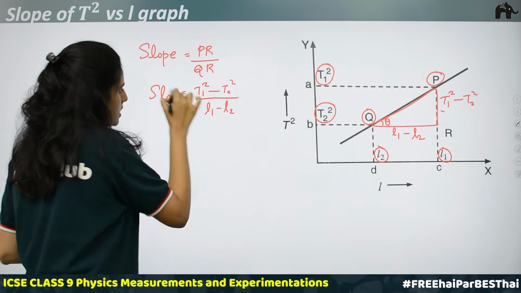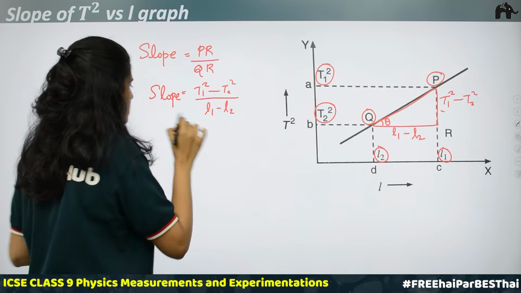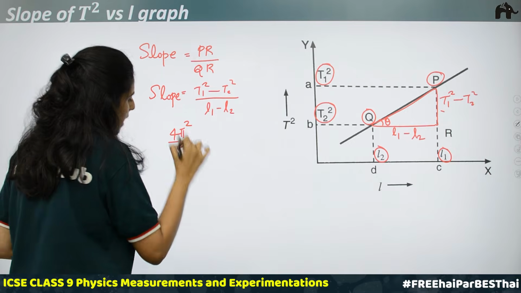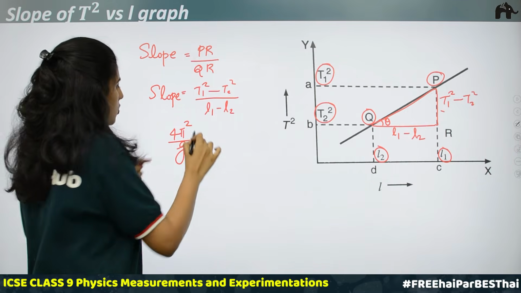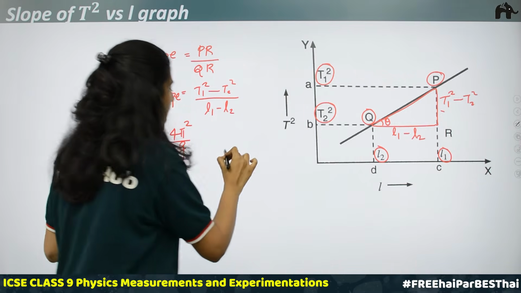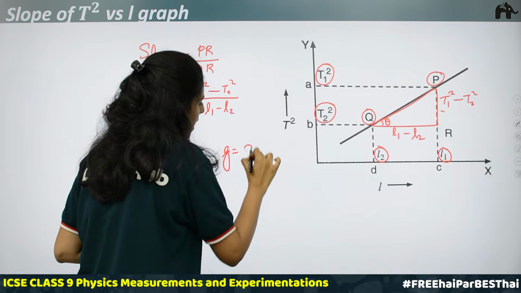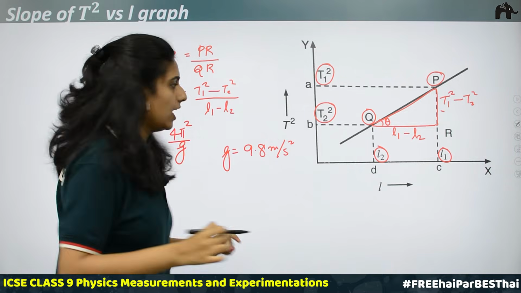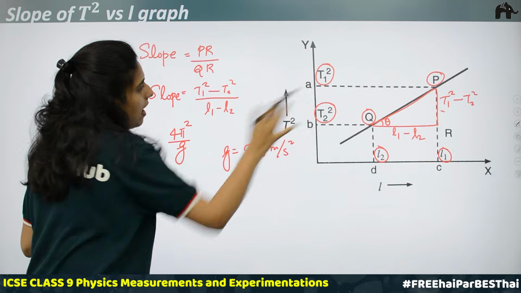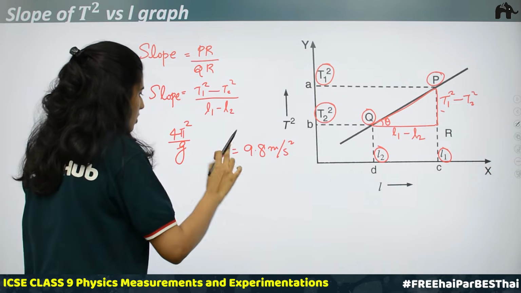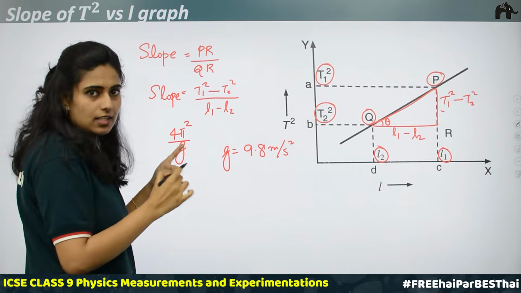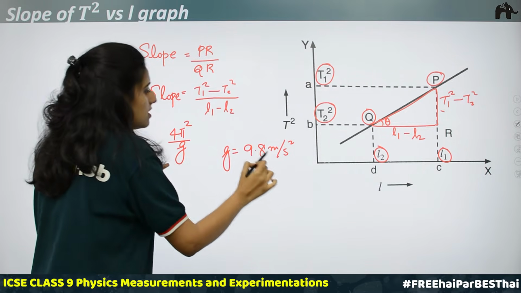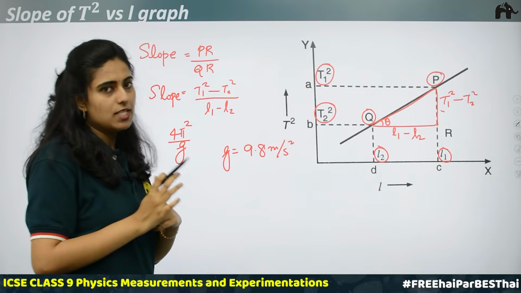When you find the slope, you will be getting a constant value which is equal to 4 pi square divided by G. Okay. What is G? G is the acceleration due to gravity whose value is 9.8 meter per second square. So when you find the slope after plotting the graph, you will be getting a constant value because 4 is a constant, pi is a constant, therefore pi square will be a constant and value of G is 9.8 meter per second square.